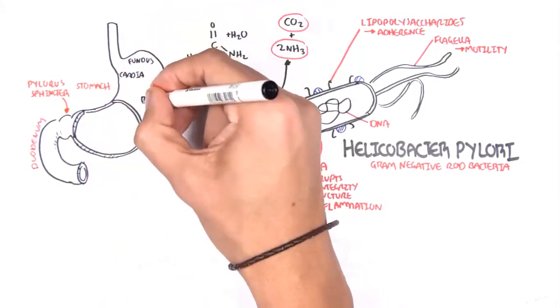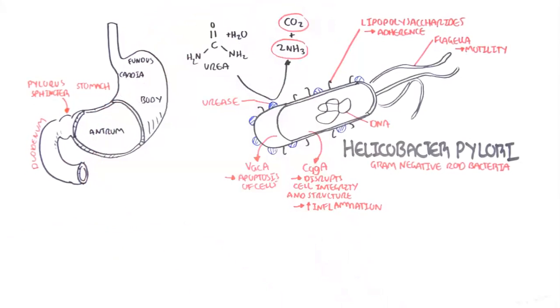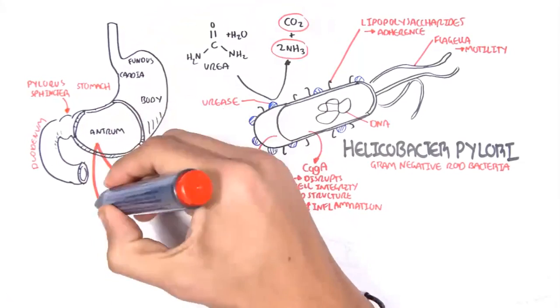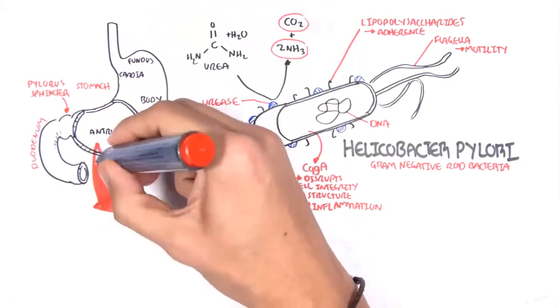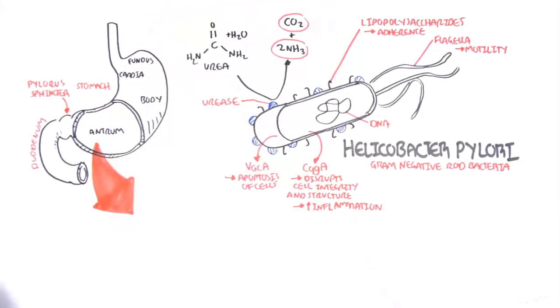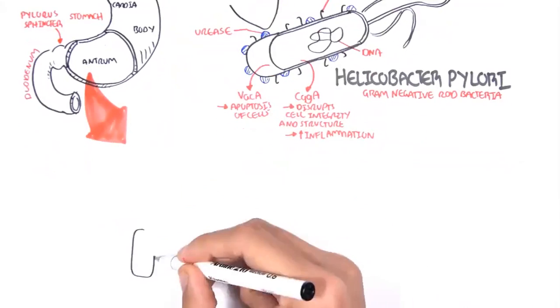Then the other parts are the fundus, cardia, body, and antrum. It also needs to be specified here that 50% of the population suffers from this H. pylori, meaning 50% of the population have H. pylori bacteria in their stomach.